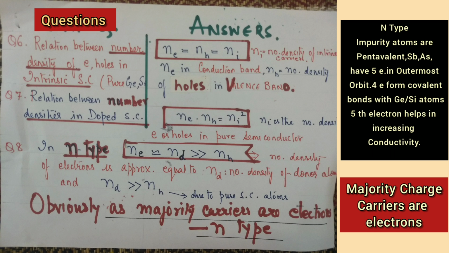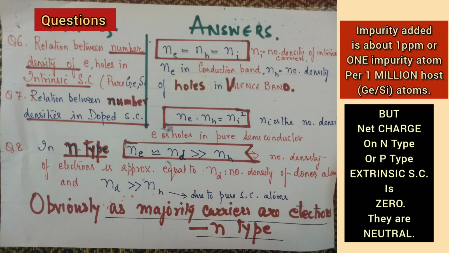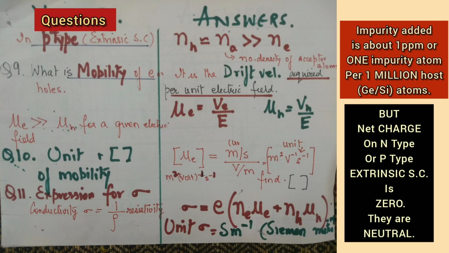These have 5 electrons in the outermost orbit. 4 electrons form covalent bonds with the neighboring germanium atoms, whereas the 5th electron is very loosely attached to the parent impurity atom, which is the donor atom, because it is donating electrons. N-type semiconductors have impurities like antimony, bismuth, etc. These impurity atoms donate 1 electron per atom, so the conductivity increases.